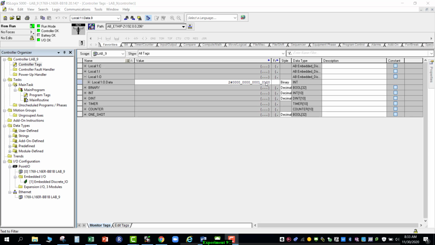Basically, you're counting in binary to 15. As you can see, it's incrementing 7, 8, 9, 10, 11, 12, 13, 14, 15, and back to 0 again.